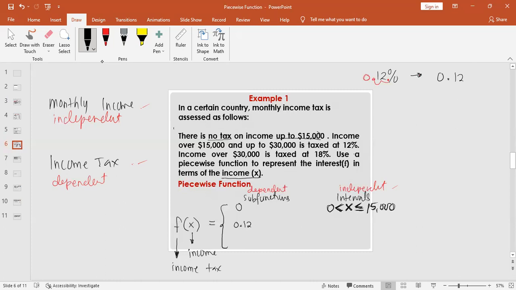Okay, so ito na ba sa tingin nyo yung magiging subfunction natin? Let's see later. Okay, sige. Continue muna tayo sa next interval.